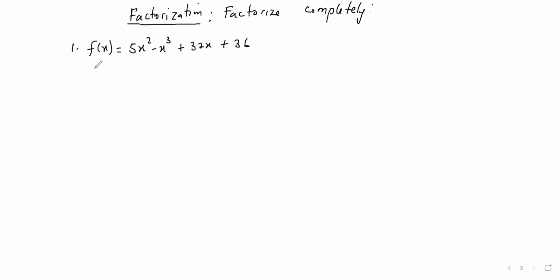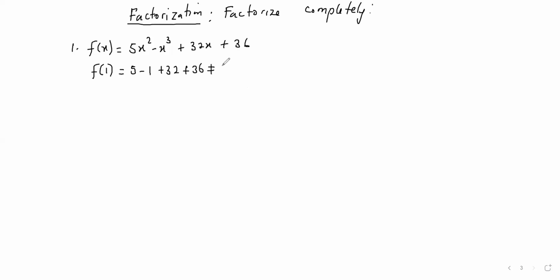We try. Good. So start by trying 1. You substitute 1 where there's x and see if the remainder we're getting is 0. So we have 5 minus 1 plus 32 plus 36.